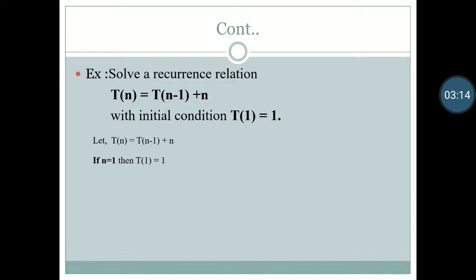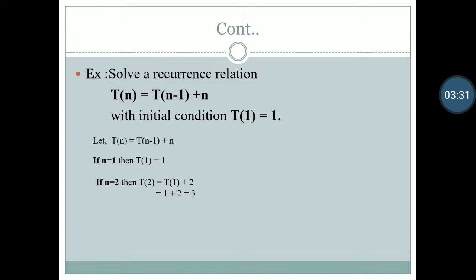So we have to put our initial condition into this equation. If we take n = 1, then our T(1) will become 1. That is our initial.